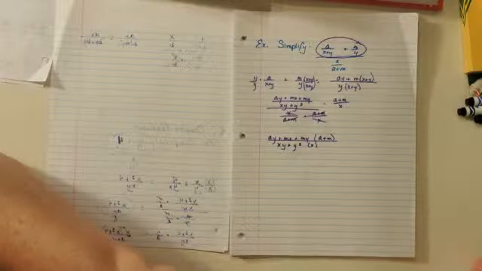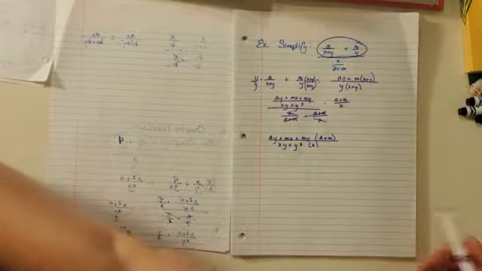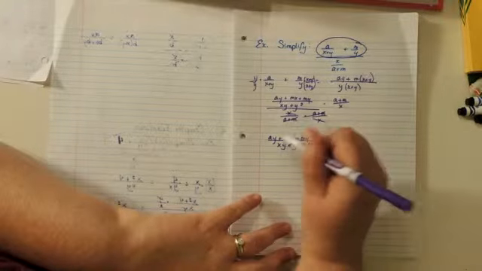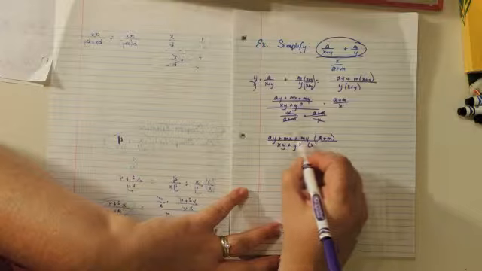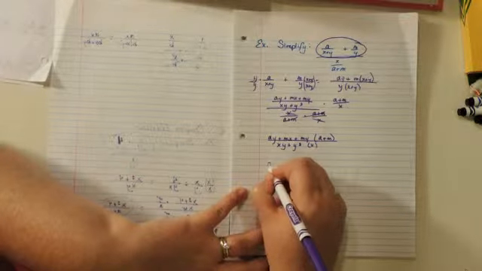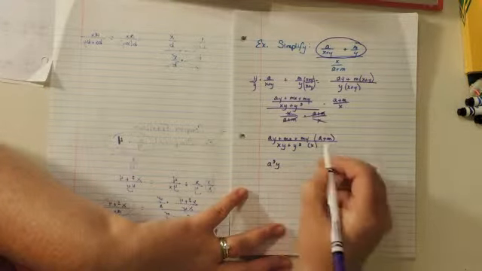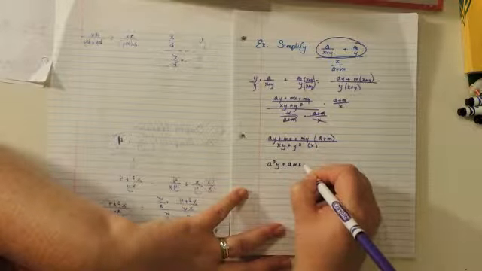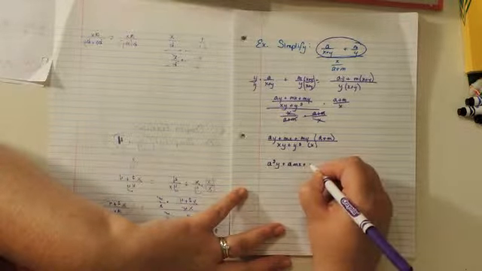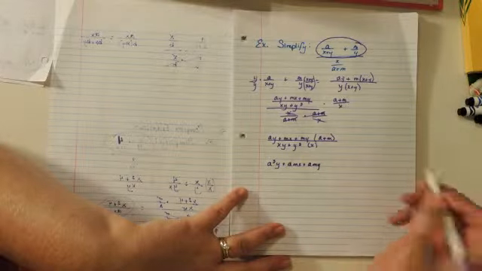Alright, let's simplify this mess. So we're going to multiply these terms one at a time to these guys. We're going to distribute it. So we'll have a times ay is a squared y. A times mx is amx. A times my is amy.